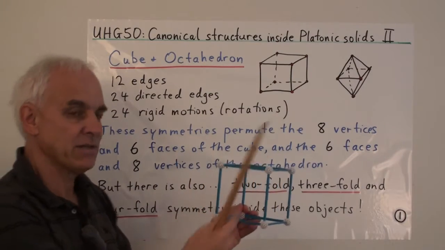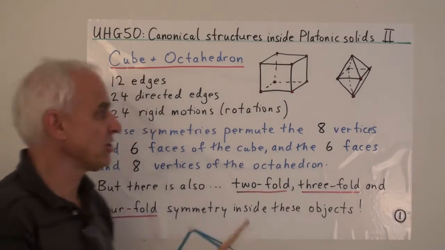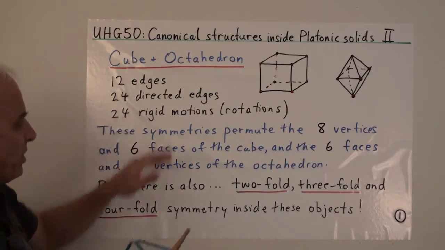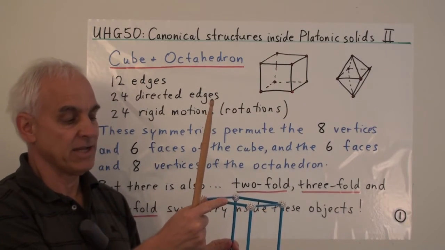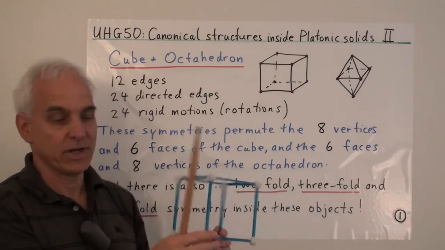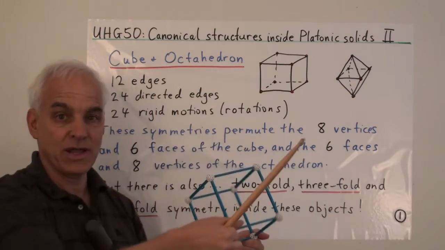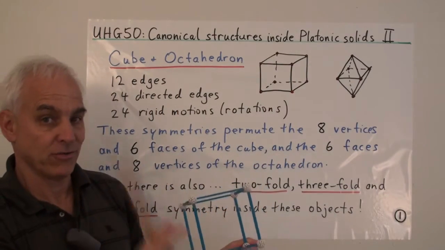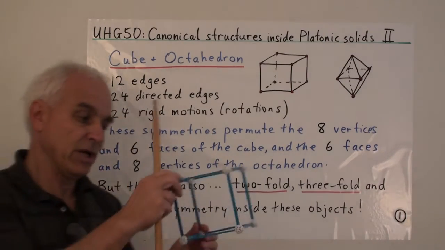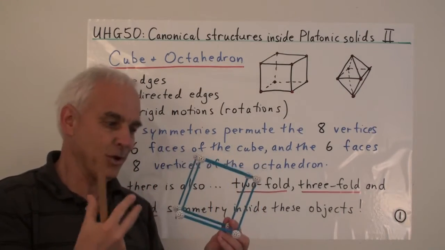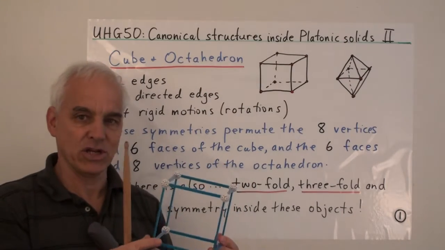There are twice as many directed edges as there are edges, and that gives us 24 rigid motions because any particular directed edge can be sent to one of the other 24 directed edges, and such a rigid motion is completely determined by where that directed edge goes. So we know that there are 24 rigid motions, and we've already looked at exactly what they look like in terms of various rotations.